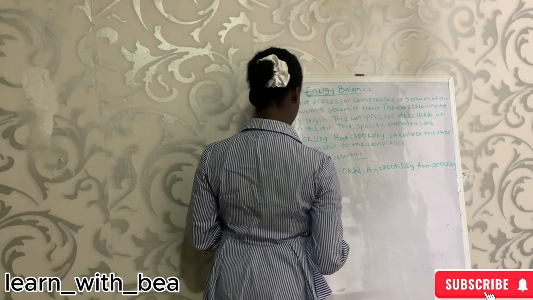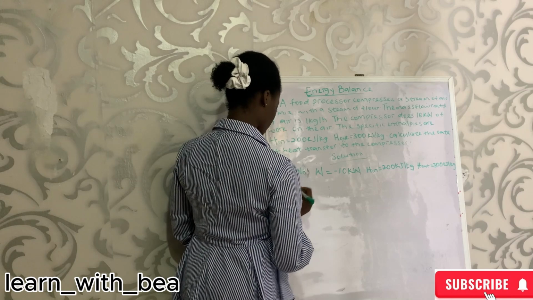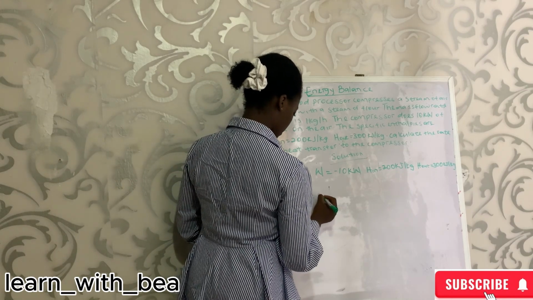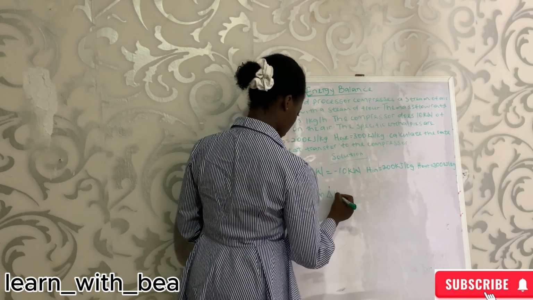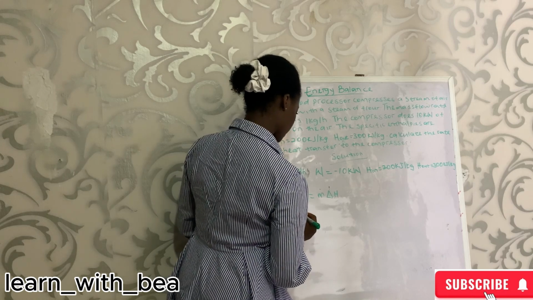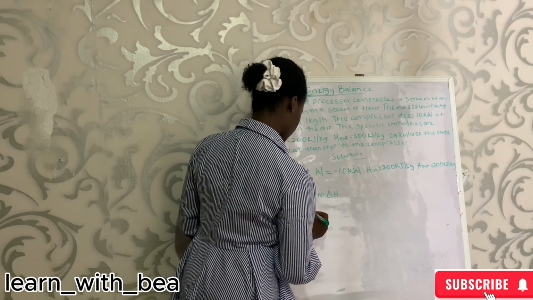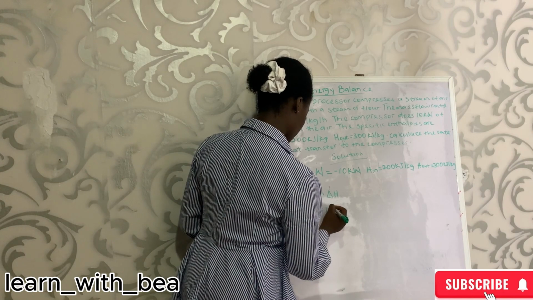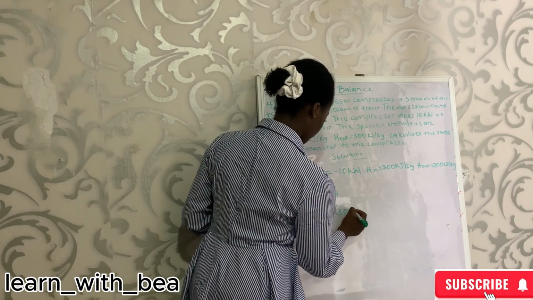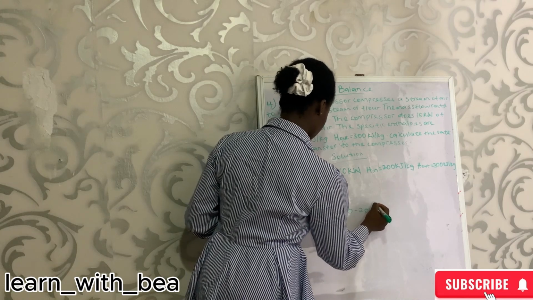So our Q minus W is mass flow times change in H. Our Q is what we are looking for. What's our W? Minus 10. What's mass? 1. That's 300 minus 200.